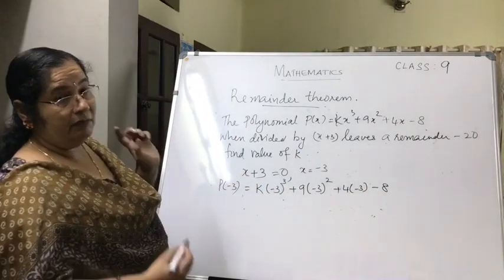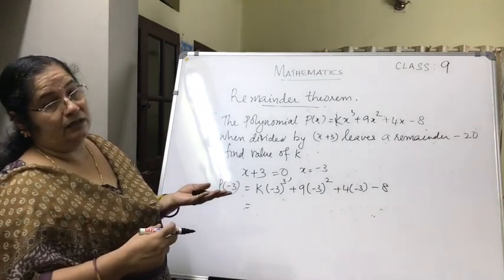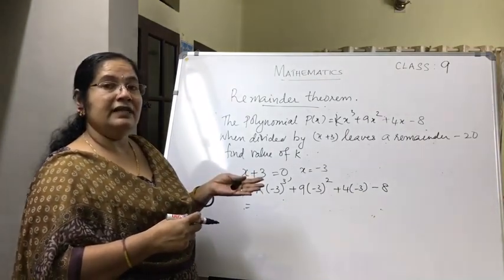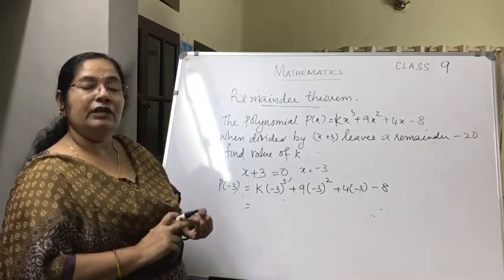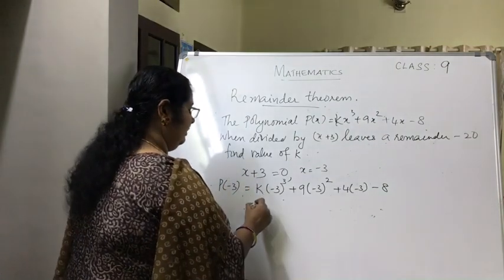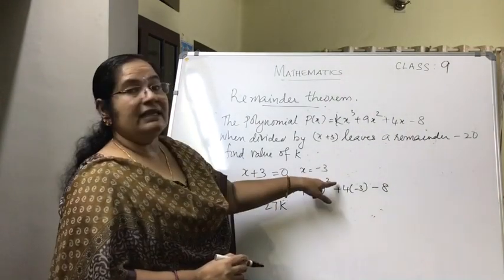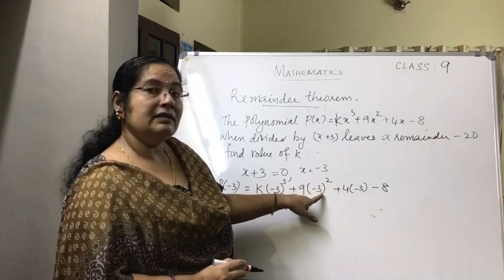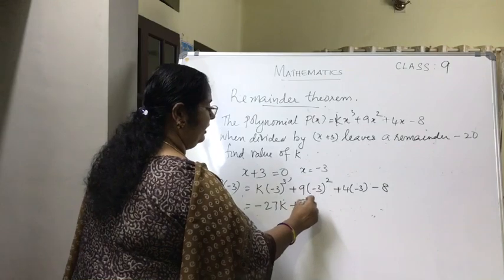You are going to find the remainder. This will be minus 3 cube. The negative sign, when cubed, is still a negative number. 3 cube, 3 into 3 into 3, how much? 27. So this will be minus 27k. Minus 3 square is plus 9, 9 into 9 is 81.